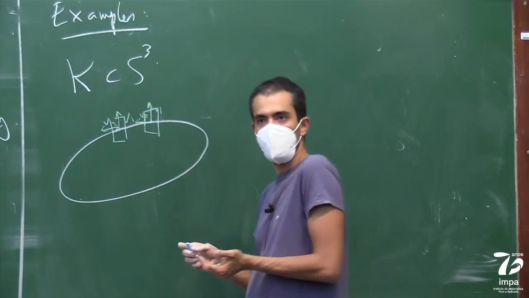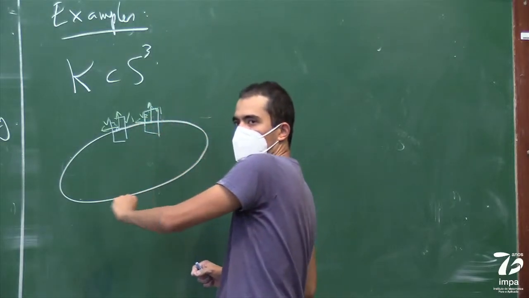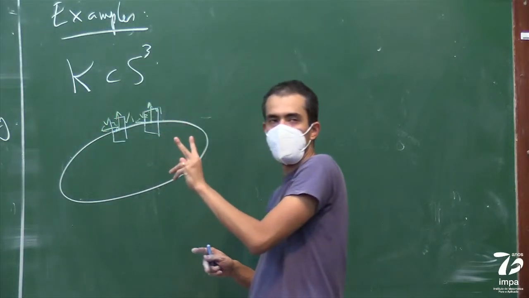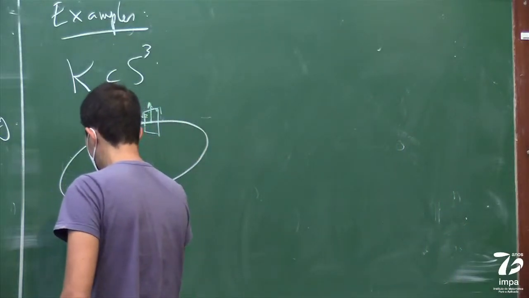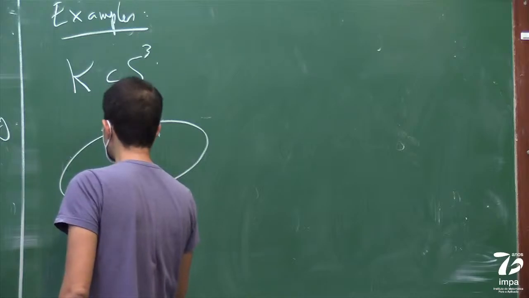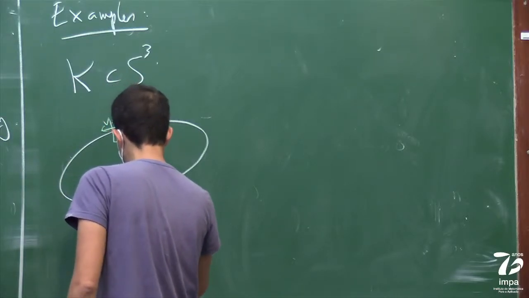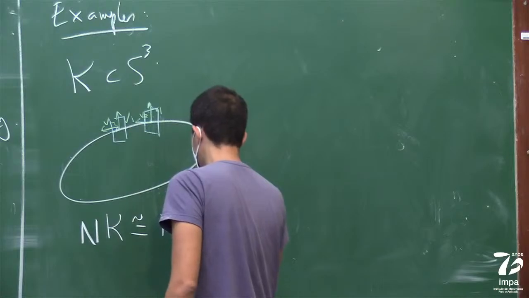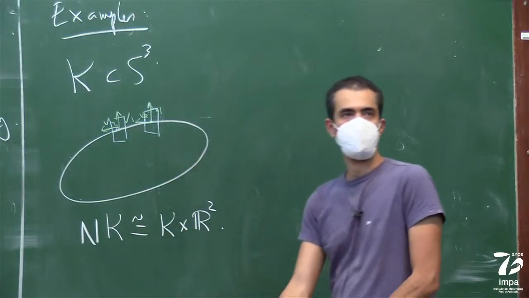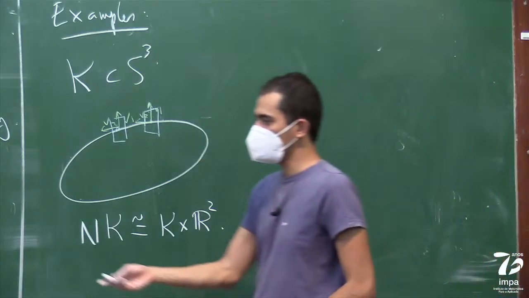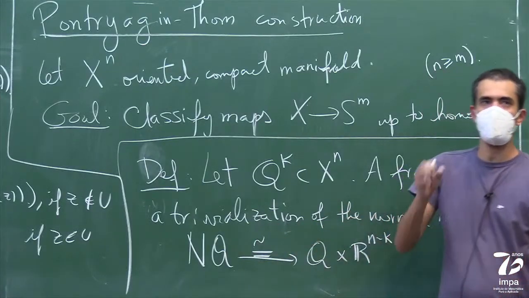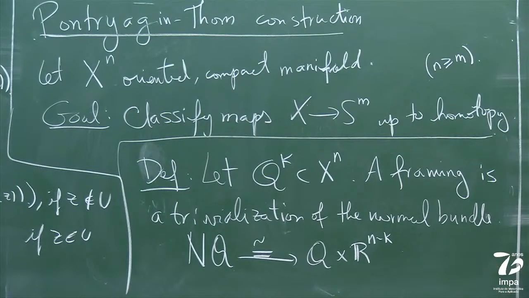That will give me an isomorphism of the normal bundle of the knot and k times R^2. In fact, it's equivalent to choose a trivialization and to choose a basis at every point. Okay, so that's called the framing.